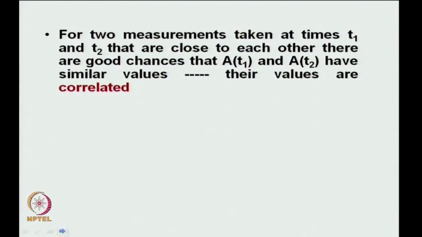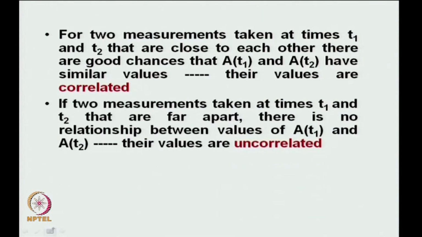Then when will this correlation not be there? If two measurement times t1 and t2 are such that t2 is far removed from t1, then the relationship between A of t1 and A of t2 is no longer there, that means they are uncorrelated.